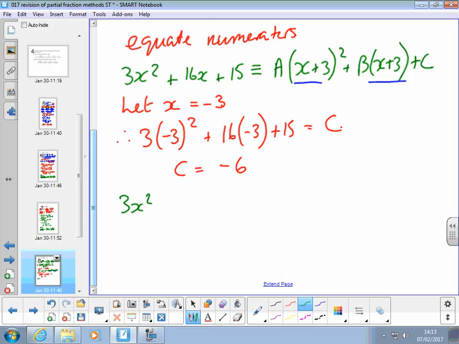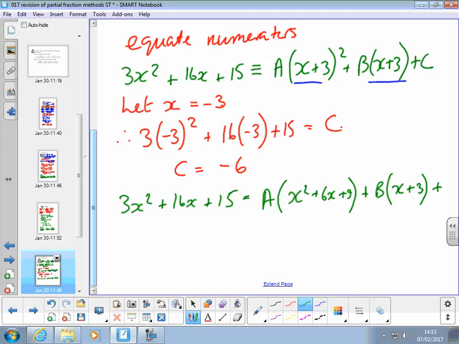So 3x² + 16x + 15 is equal to A times, what's (x + 3) squared multiplied out? x² + 6x + 9, plus B times (x + 3) plus C. So we expand the squared bracket on the right hand side.